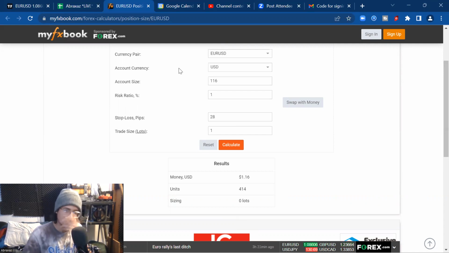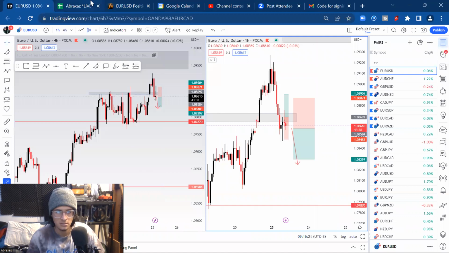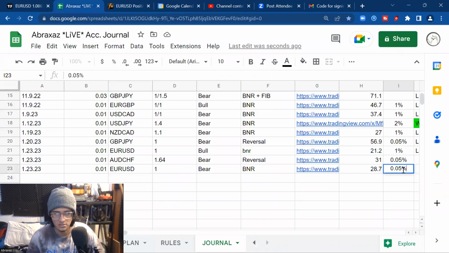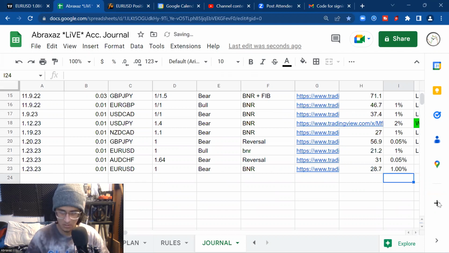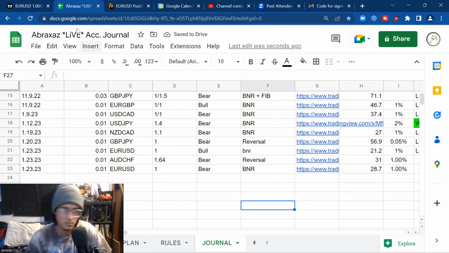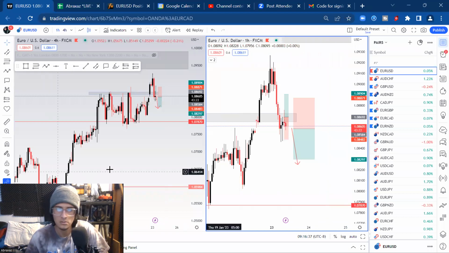So it's not really so much the percentage, it's the lot size that's 0.005. So I'm just gonna put these back to 1%. All right, cool.